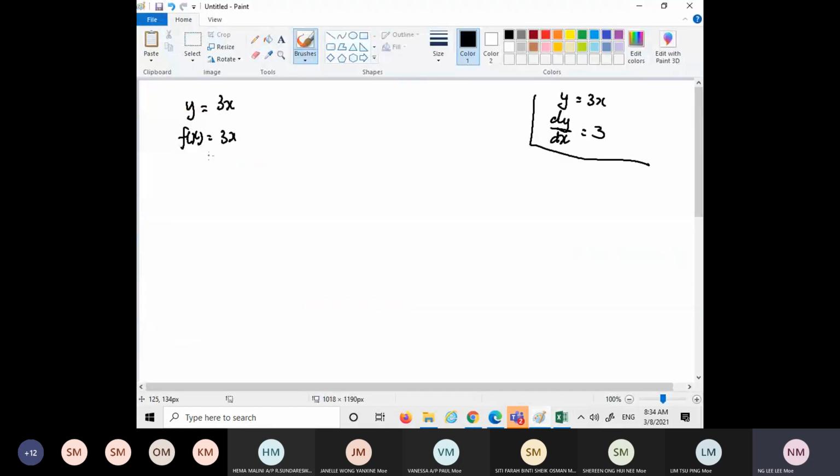Okay, I come back here. Now by using first principle, I write out the formula: limit h approaches 0, f(x plus h) minus f(x) over h. So first I want to find this.